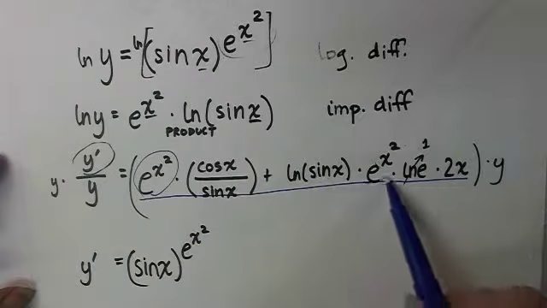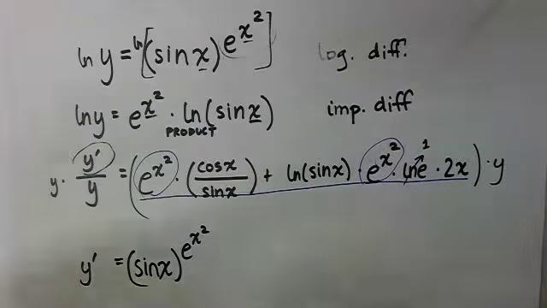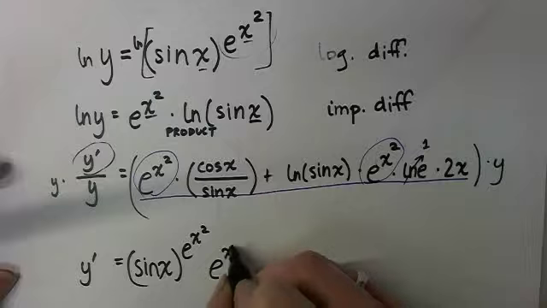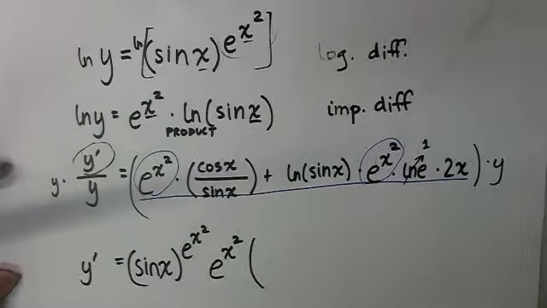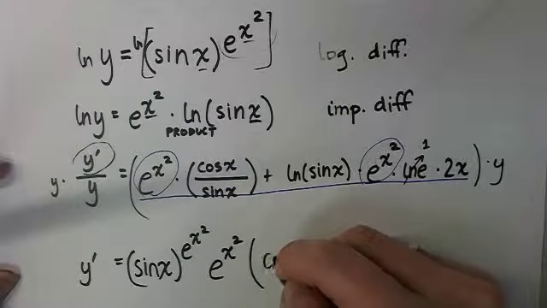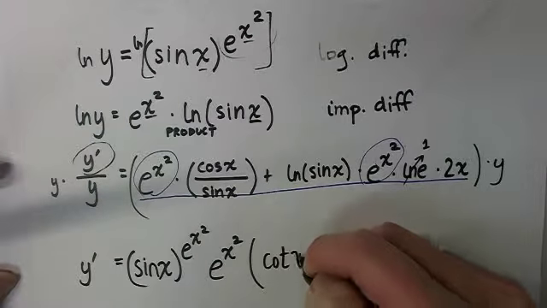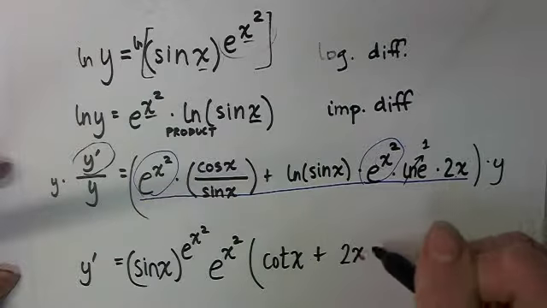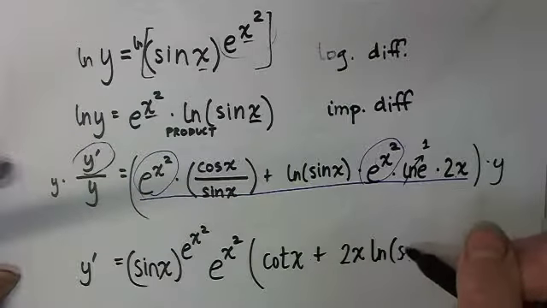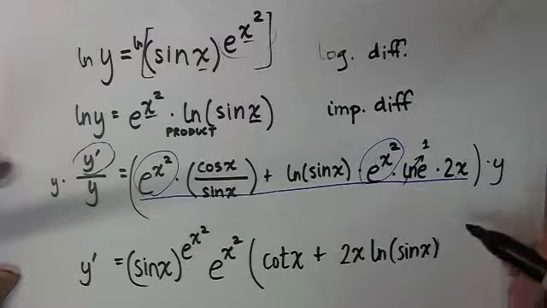Both terms have an e to the x squared. So we could factor out an e to the x squared. And then cosine over sine is the reciprocal of tangent, so that is cotangent. Plus, and then we just get 2x times ln of the sine of x.